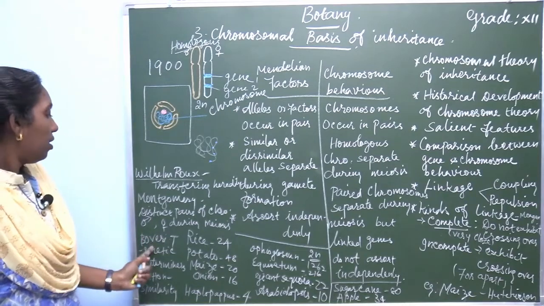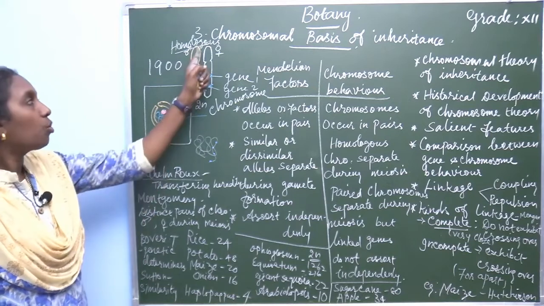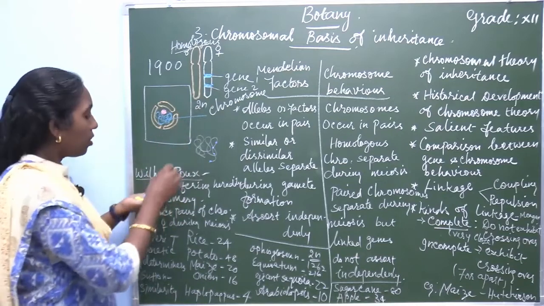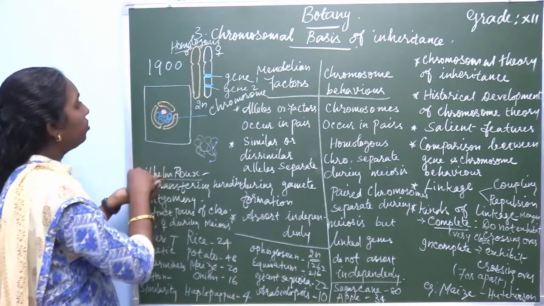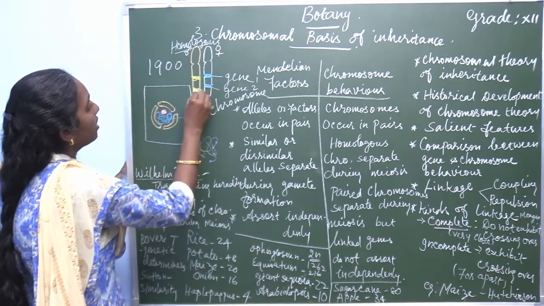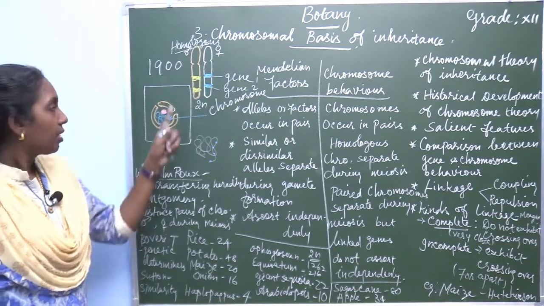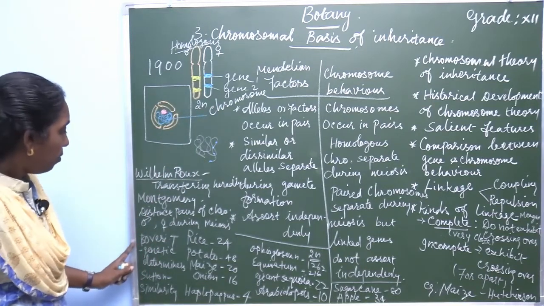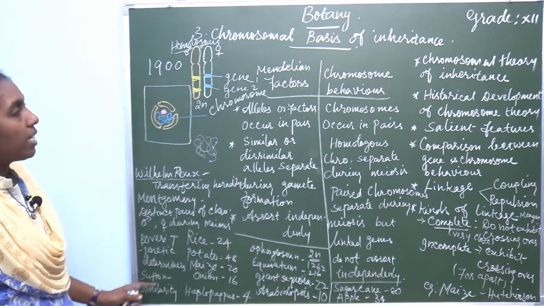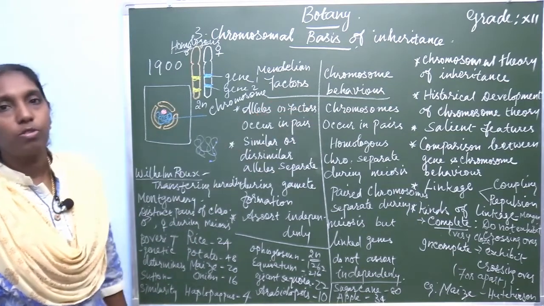Then T. Boveri suggested that the chromosomes carry the determiners, which are called genes. The genes are known as determiners, and they determine the character. Sutton explained the similarity between Mendelian factors and chromosome behavior.